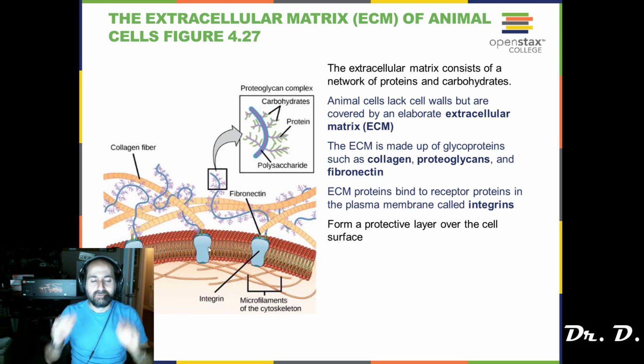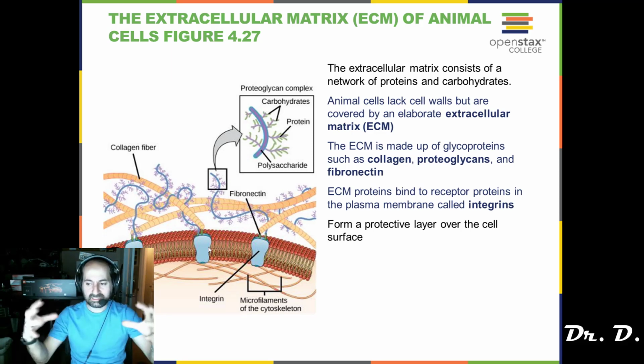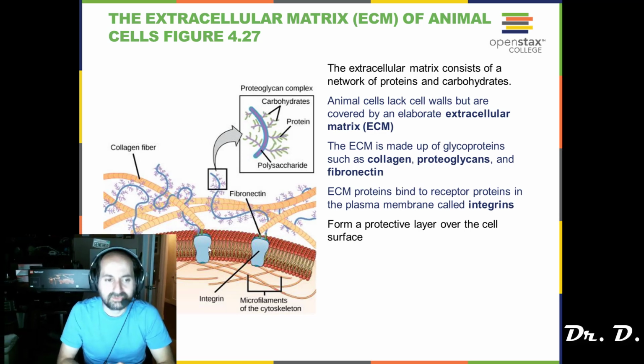So the way I remember it is microfilaments are attached to integrin, integrin is attached to fibronectin, and the fibronectin is attached to the collagen and the proteoglycan complex. So basically that way you're anchoring the inside of the cell to the plasma membrane to the outside of the cell, and that really does give some structure and stability and elasticity to your skin.